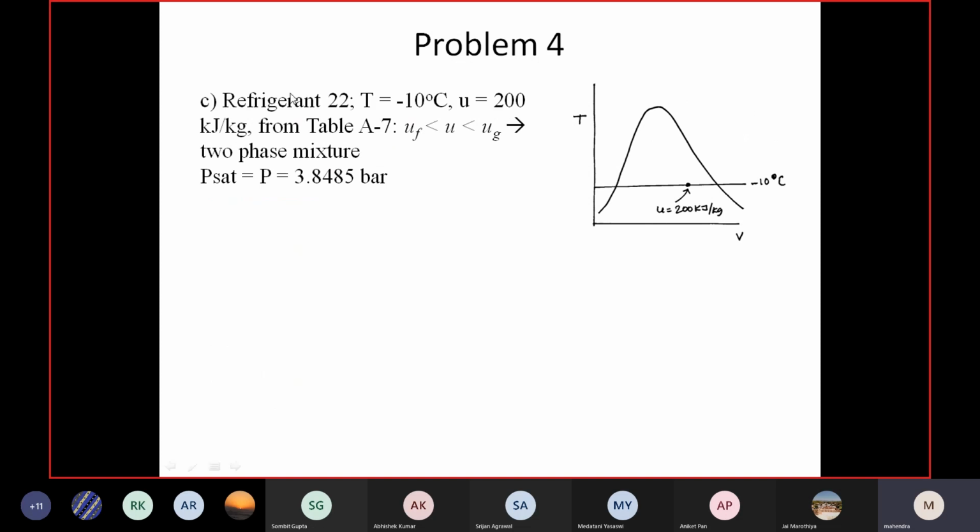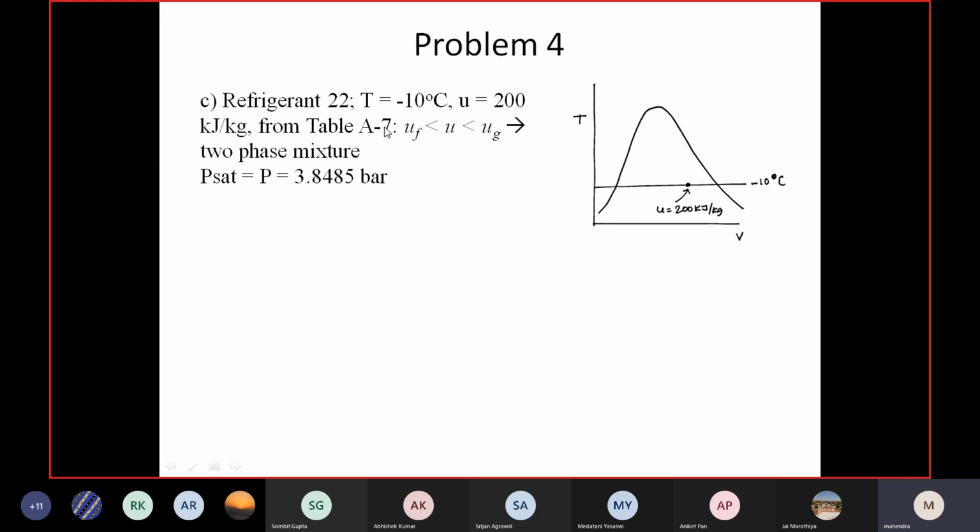Now what is remaining? Another refrigerant, that is refrigerant 22. These are chlorofluoro refrigerants, we call them based upon those numbers. You will be learning all these, and they are unnecessary matter over here. Anyhow, we are just remembering refrigerant 22, refrigerant 134. This is at minus 10 degrees centigrade, and its internal energy is given to you. This refrigerant table is given as A7.